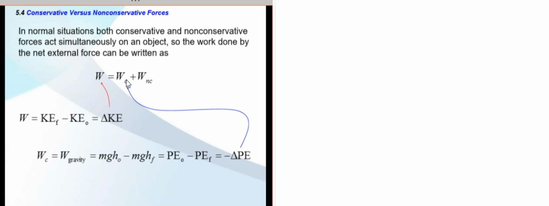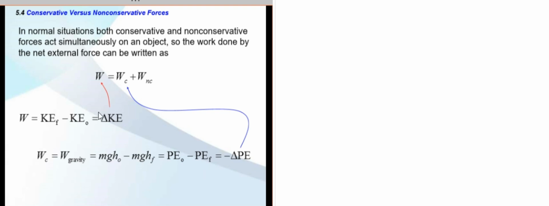But conservative work, just like the work done by gravity, is mg times the quantity h initial minus h final. Actually, mgh is our potential energy. And mgh initial is our initial potential energy minus mgh final, our final potential energy.